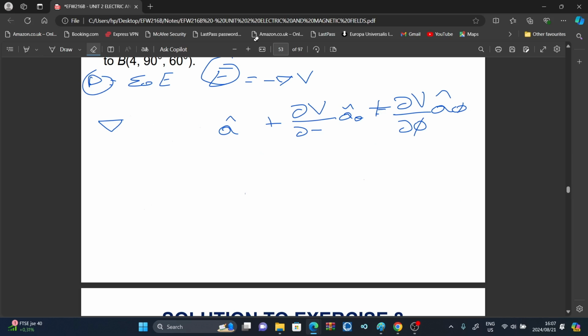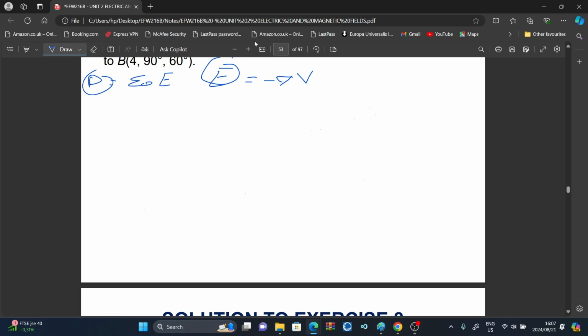When you do this, I believe your final answer should be something like this. Or no, not the final answer, because there are some unit vectors which you have to substitute, but then you can substitute in the value. So your electric field E will be 20 over R cubed cos theta AR.